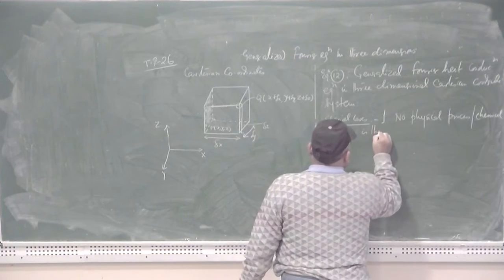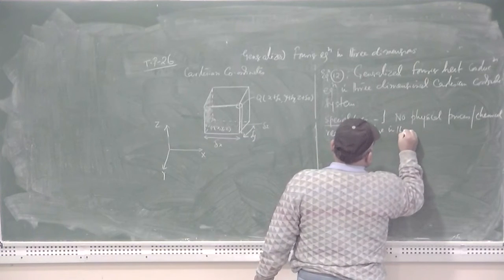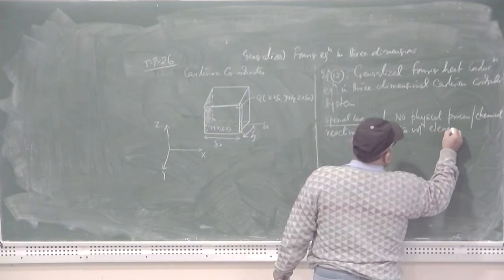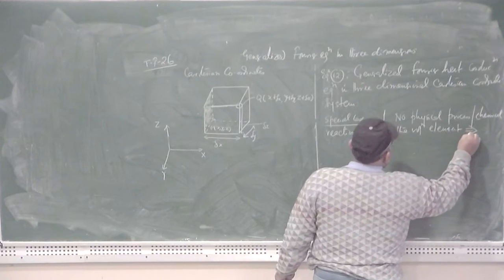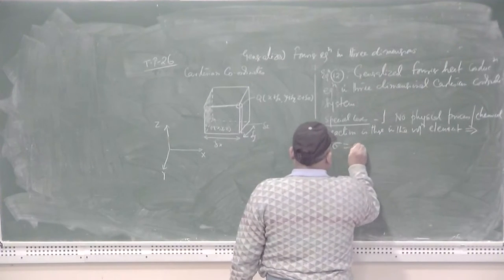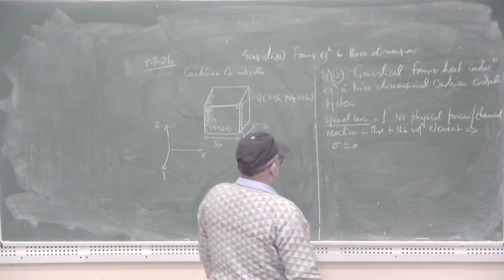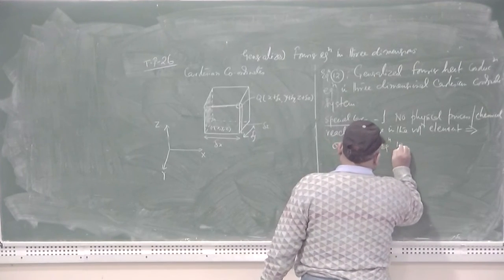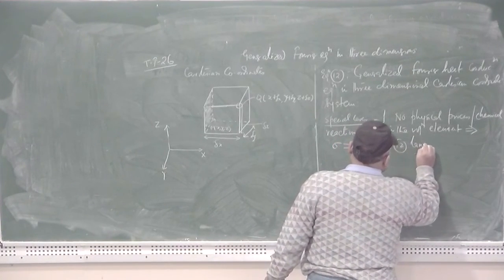It means the value of sigma is equal to 0. So equation 12 takes the shape.